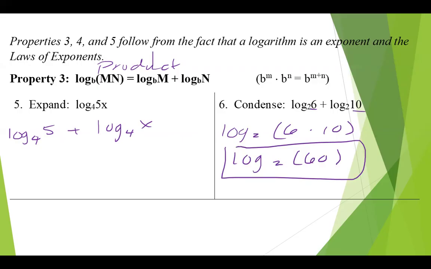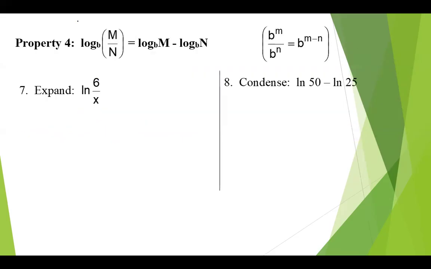What comes after product? Anyone take a stab? Division, which is called the quotient property, which is similar to the quotient property for exponents. It doesn't matter if it's natural log or log, it still applies to the rule because they're all logs.